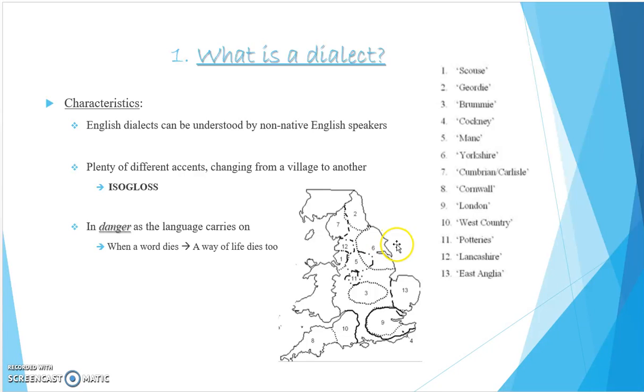But if in Hull, here, we say this sentence normally, when we travel to the west, until here in Manchester, number 5 on the map, we will see that there is a slight difference. "Now then" becomes "na den", "nar den". We face here a perfect example of what an isogloss is.